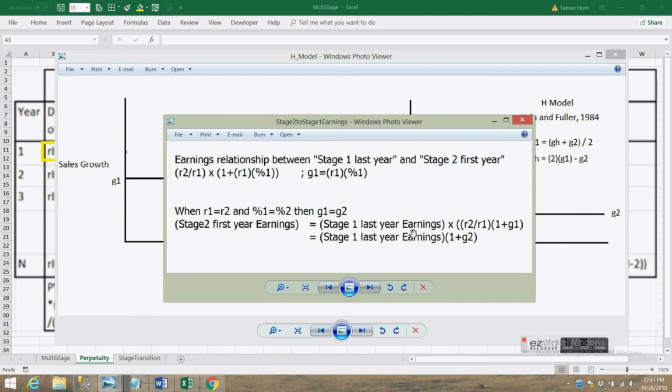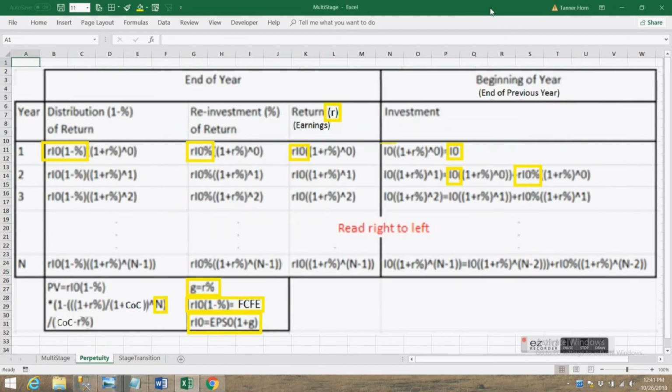You can also assume that the reinvestment rates are the same, and therefore the growths are the same. So this first year's earnings of stage 2 is equal to the last year earnings of stage 1, because these terms are equal, of just 1 plus the growth of stage 2.